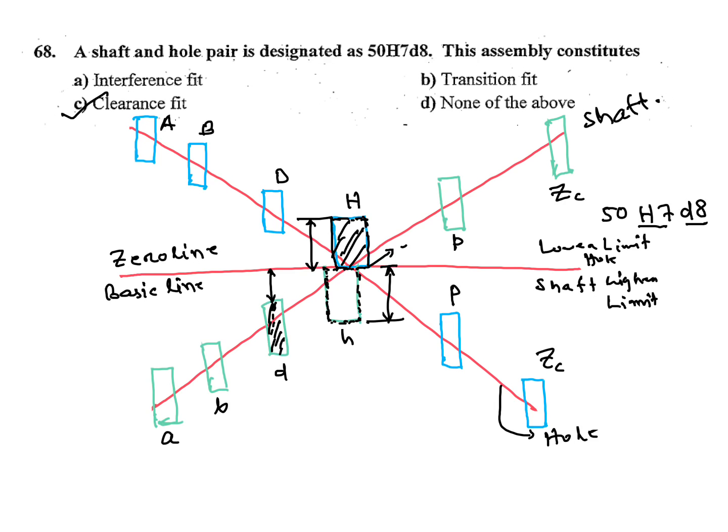Fundamental deviation already told. In this question, 7 and 8, no? For hole IT7, the tolerance. For shaft IT8.